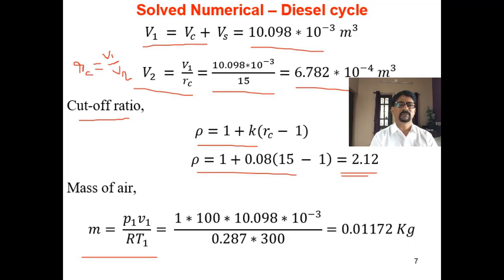P1 is 1 bar, but always you have to express it in kilopascal, and V1 you substitute. Since 1 bar is 100 kilopascal, the gas constant R value should be in kilojoules per kg per Kelvin. That is very important. Then T1 is 300. If you substitute, you will get the mass as 0.01172 kg.